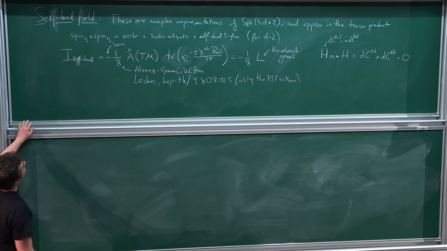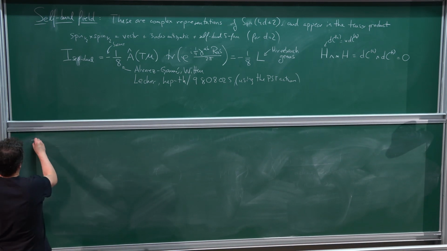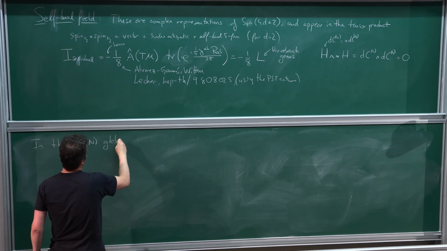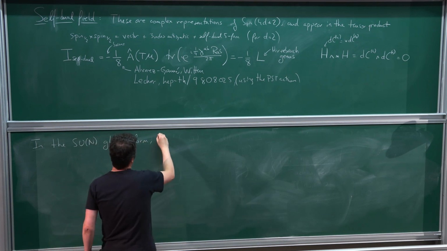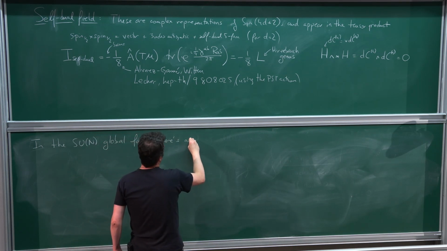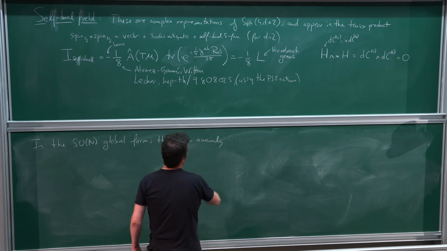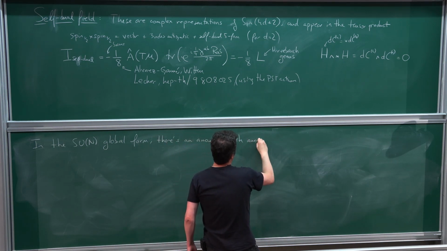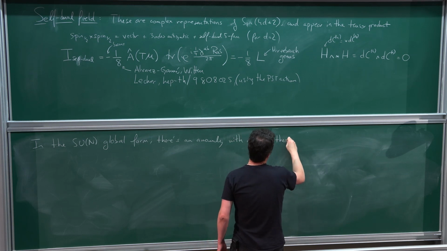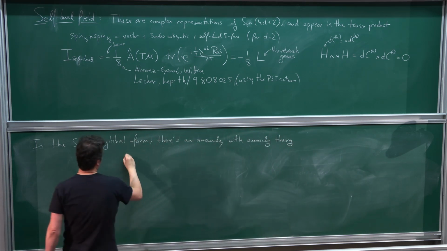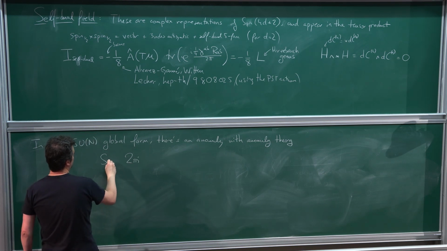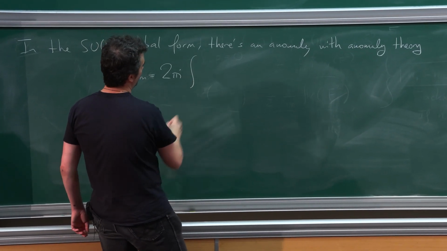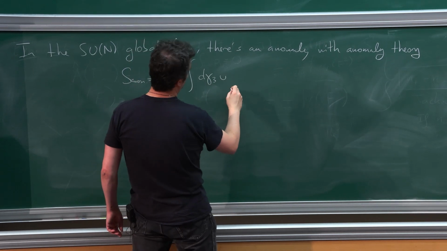Okay, the last thing that I would like to reproduce from the field theory here is that in the SU(N) global form, there's an anomaly, a mixed anomaly, which is of the form of gamma 3 cap.